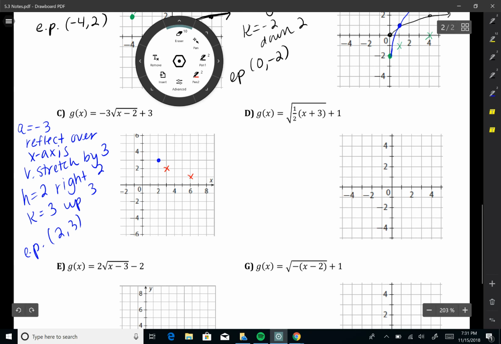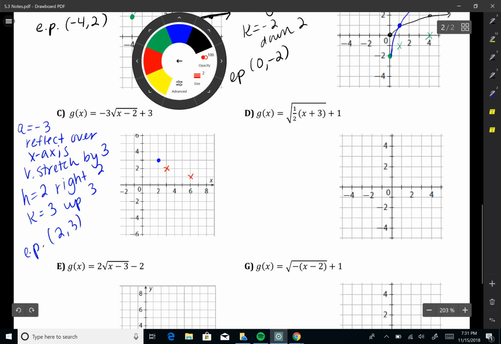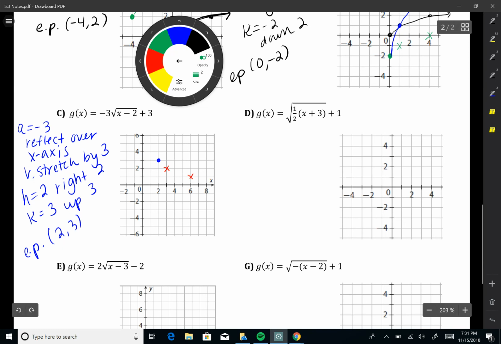But not only did I reflect that, I vertically stretched it by a factor of 3. So instead of going right 1, down 1, I'm going to go right 1, down 3. Instead of going right 4, down 2, I'm going to go right 4, down 6. Let's see, 2, 4, 6. And my curve will be going down and to the right.